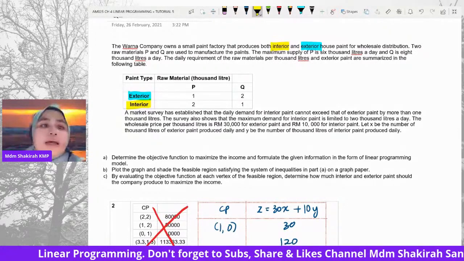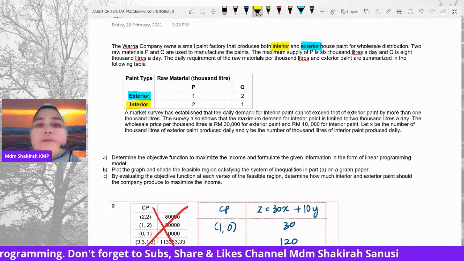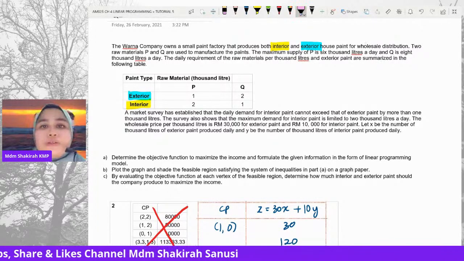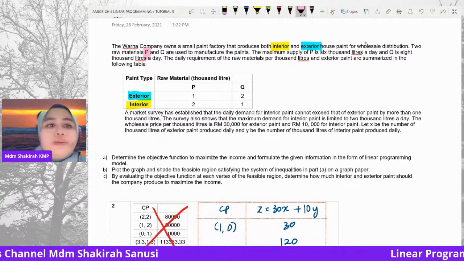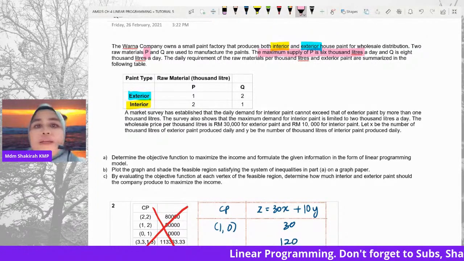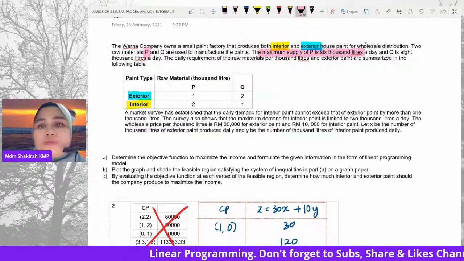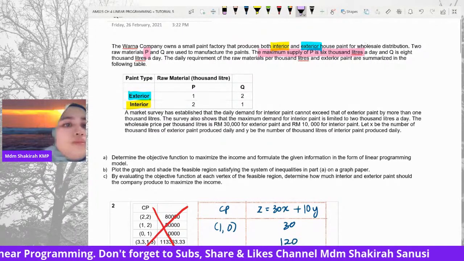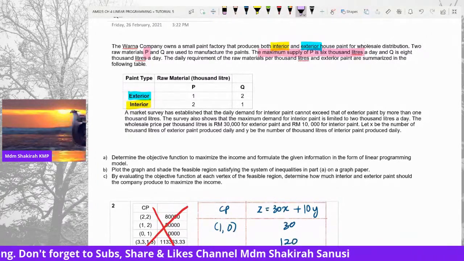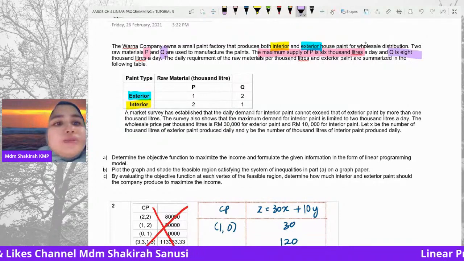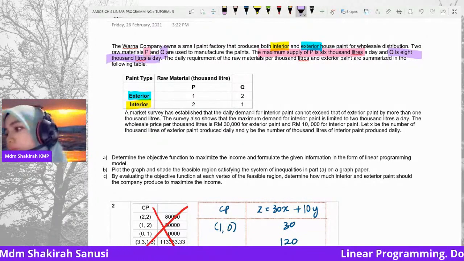The maximum supply of P is 6,000. Right, you ada P. Maximum supply of P is 6,000 liters a day. And Q, alright, is 8,000 liters per day.